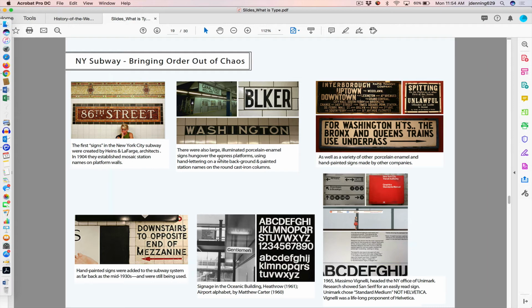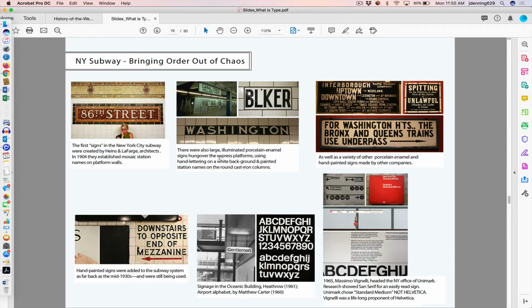The New York subway uses Helvetica. And one of the challenges when the subway was in its early years was that it was very chaotic. The first signs in the New York subway were created by Heins and LaFarge architects, and they established this sort of mosaic station, so you can see these names on platform walls.